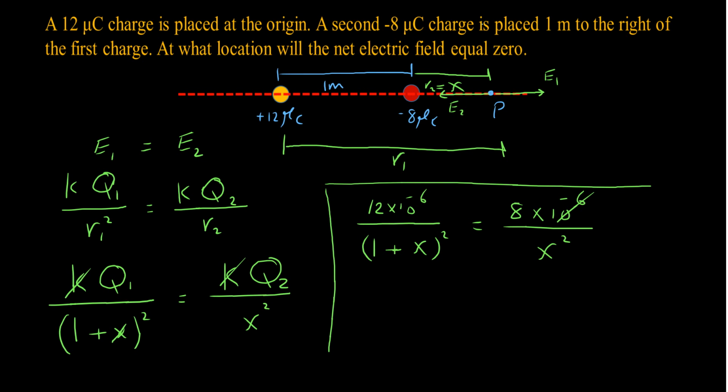We can take the micros off and do cross multiplication. That gives us 12 x squared equals 8 times (1 plus x) squared. Now I will take the square root of both sides.